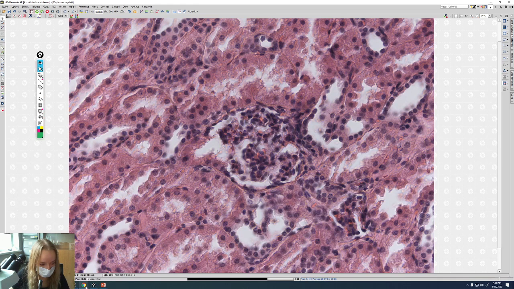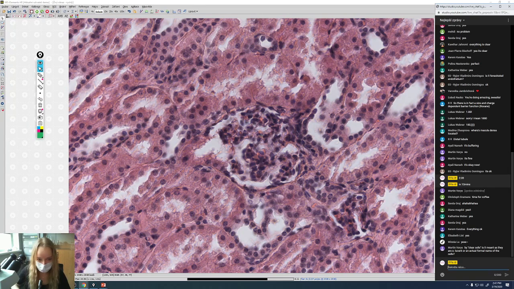I'm going back to the microscope. And so, for repetition, these are the proximal tubules around, highly eosinophilic tubules. This is the P, not D. P. And these are the distal tubules right here.